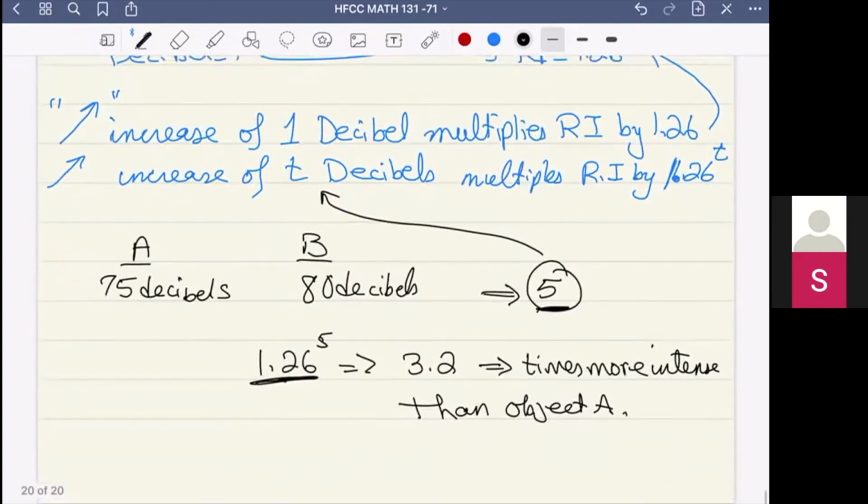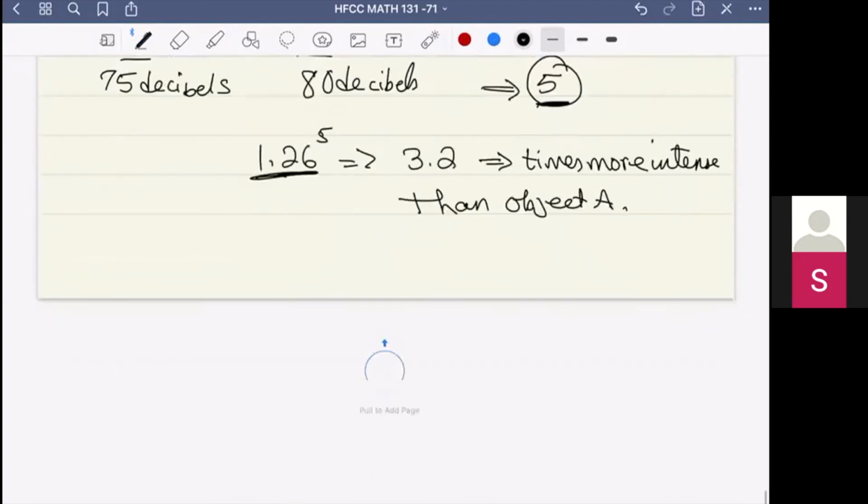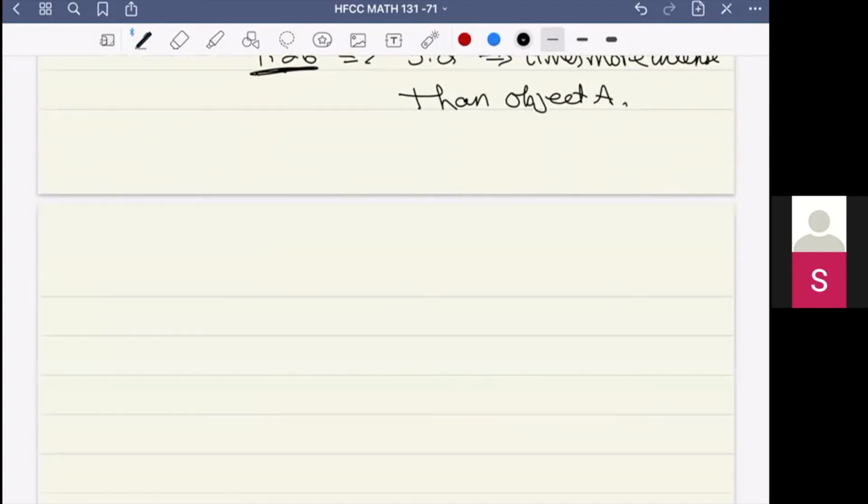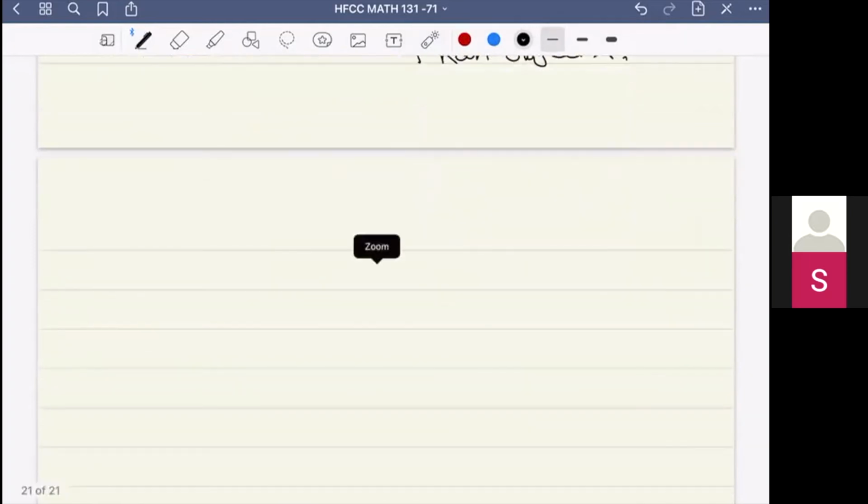Okay, so that is pretty much it for this part. Moving on, we're just going to mention a few more things. Solving exponential equations. When we are solving exponential equations, there are some logarithmic rules.